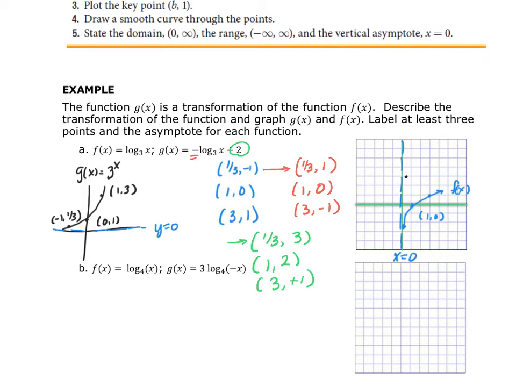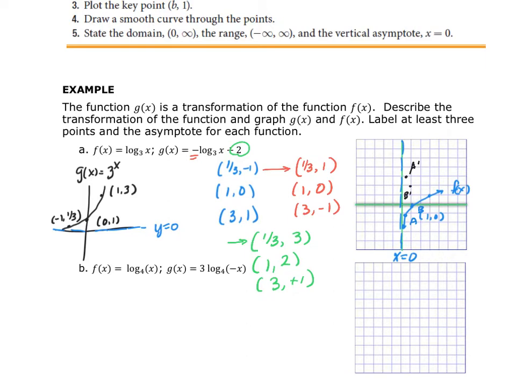So this point, I'm going to call this A, went to A prime. This point, which is my y-intercept, is B, and has gone to the point 1, 2. I'm going to call that B prime.